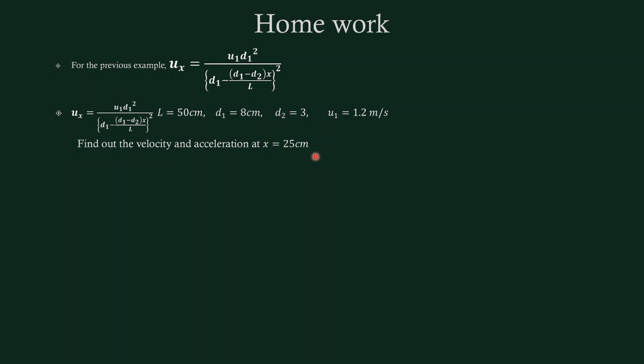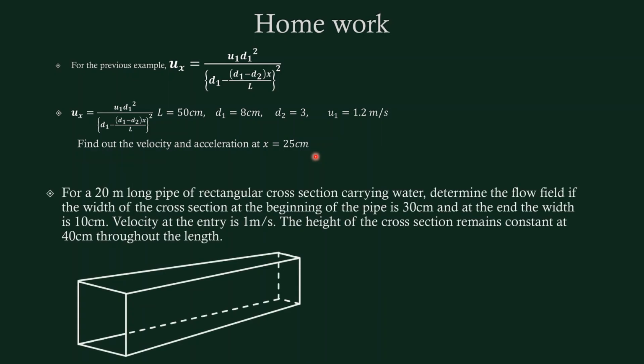Another problem I'd like you to solve is this one. For a 20 meter long pipe of rectangular cross section carrying water, determine the flow field if the width of the cross section at the beginning of the pipe is 30 centimeter and at the end the width is 10 centimeter. So it will be this kind of a cross section instead of the previous problem, which was a circular pipe. In this case it's a rectangular pipe.